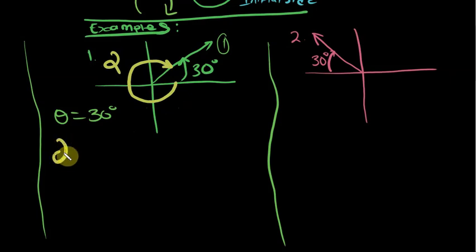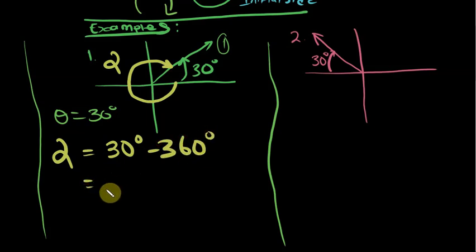So to get alpha, we see that 30 is anticlockwise and alpha is clockwise. So to get alpha right away, we would subtract 360 from 30 degrees.